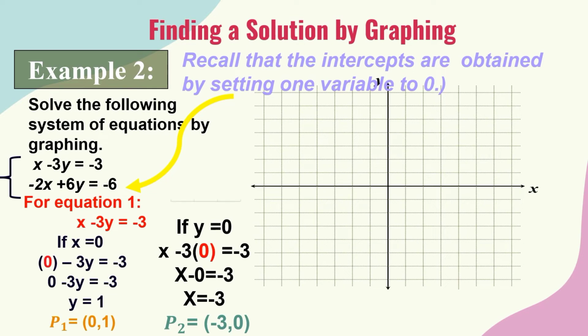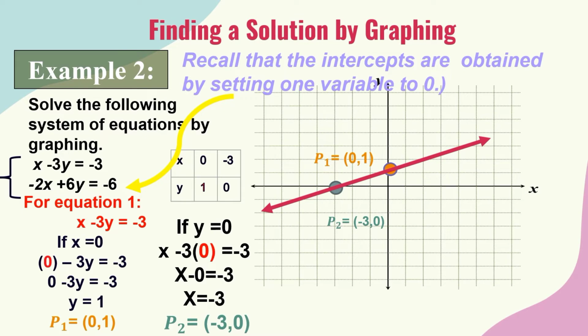In plotting the points, we consider also the table, wherein if x is 0, y is 1, and if y is 0, x is negative 3. So the first point is (0, 1) and the second point is (negative 3, 0). Connecting the points using a line, we have now the graph of x minus 3y equals negative 3.